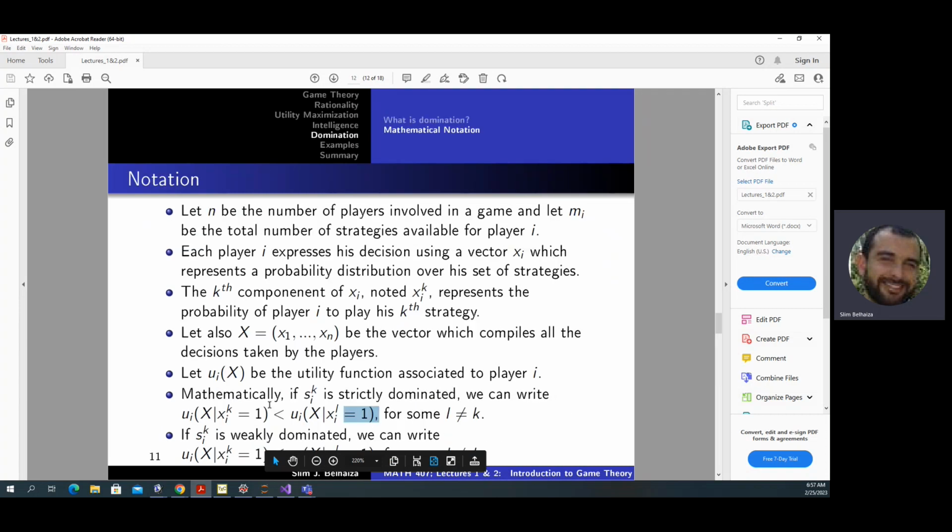And if this strategy is weakly dominated, one can say that we have a less-or-equal sign.